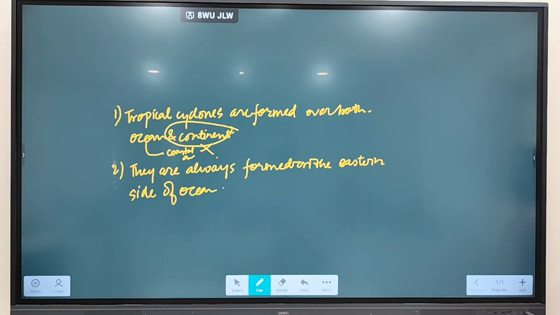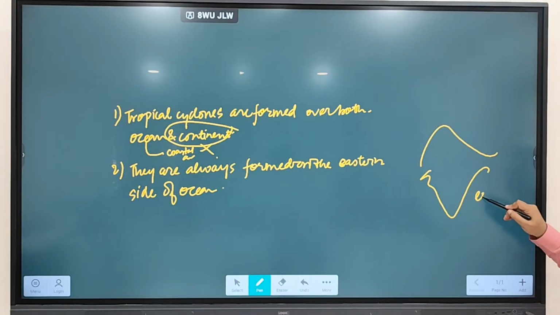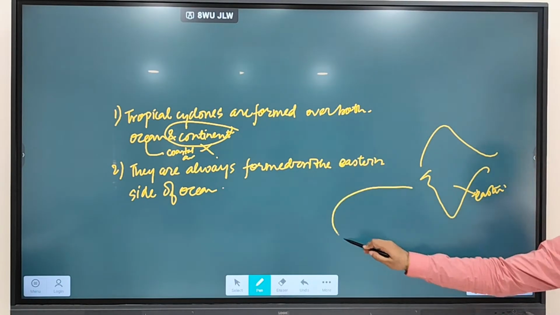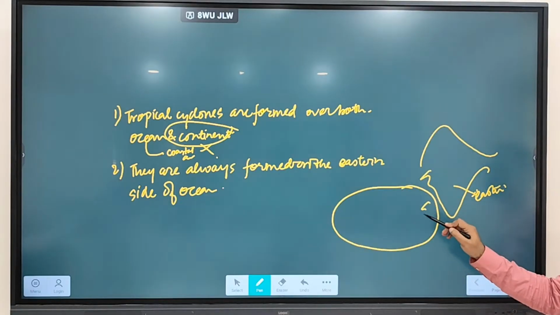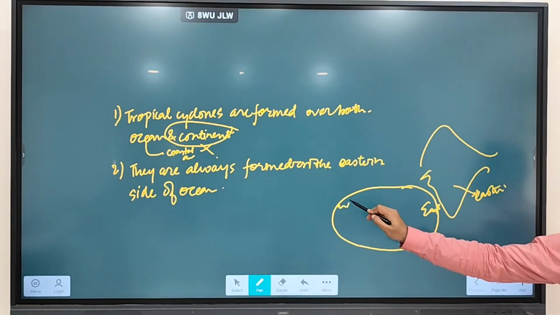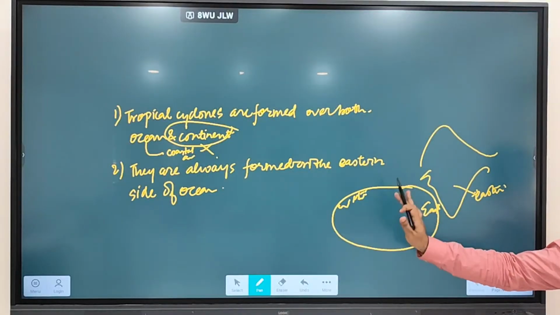Fine. Second, they are always formed on the eastern side of the ocean. Just now we discussed that tropical cyclones are always formed where? On the eastern side. But eastern side of what? Eastern side of the continent, not the eastern side of the oceans. If this is an ocean, the eastern side is going to be this side. The ocean's western side is going to be this side. Clear?